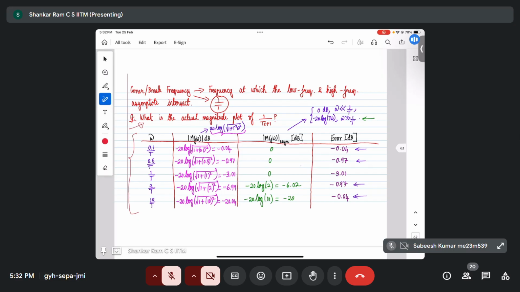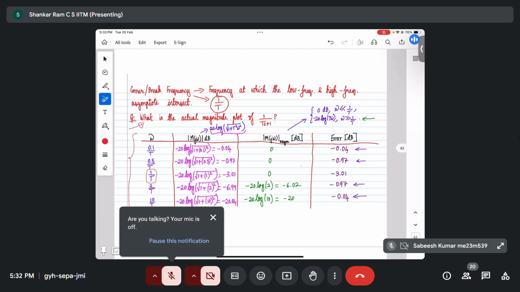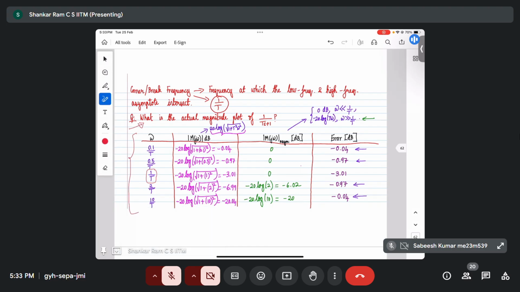We look at the difference between the actual magnitude and the asymptotic value. We start with the corner frequency 1 by T. We go 1 decade below and 1 octave below the corner frequency, and then 1 octave above and 1 decade above the corner frequency.